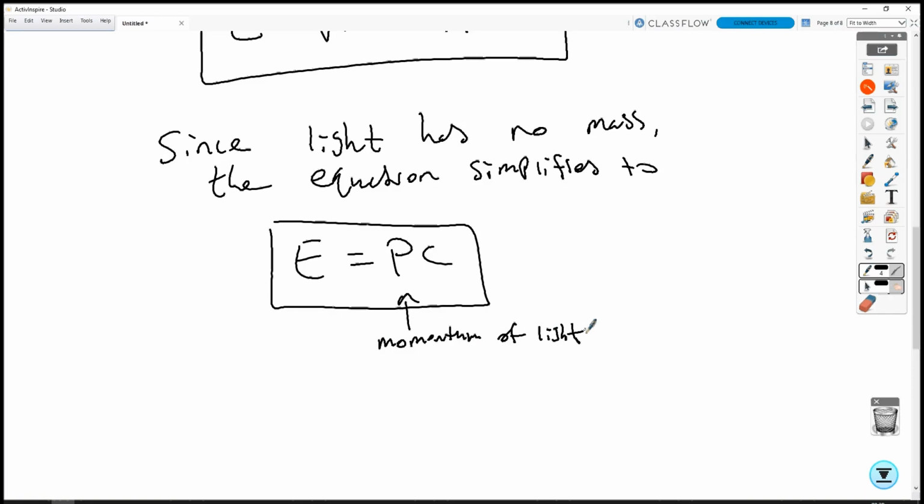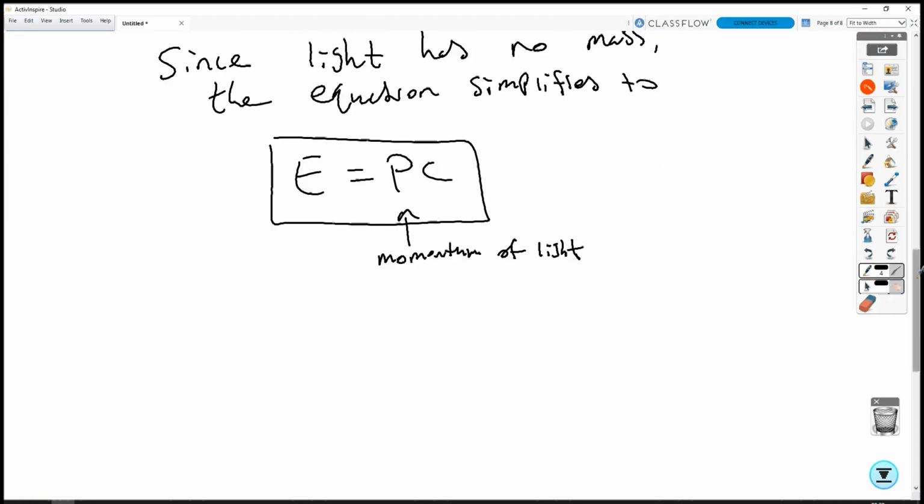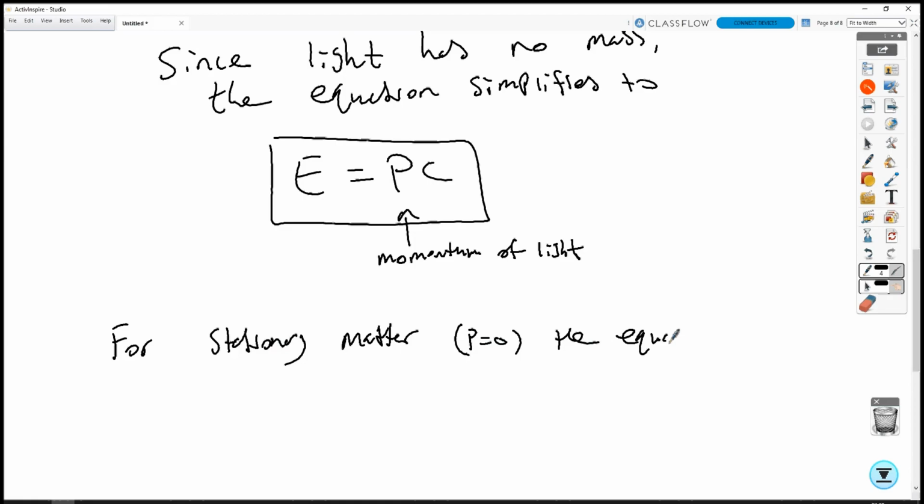For stationary matter, that basically means p equals 0 if it's stationary, and the equation simplifies to E equals mc squared, which you already know.